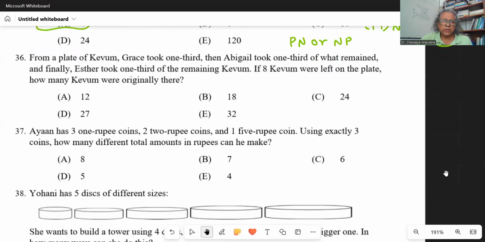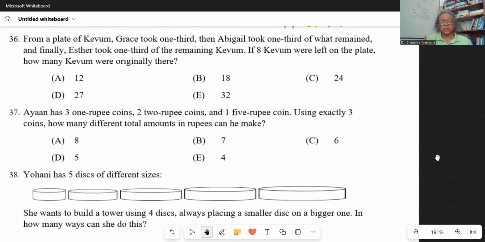From the count, Grace took 1/3, Abigail took 1/3 of what remained, and Esther took 1/3 of the remaining. Right. So if 8 were left on the plate, how many were originally there? So 8 means what was left at the end, after Esther taking 1/3.